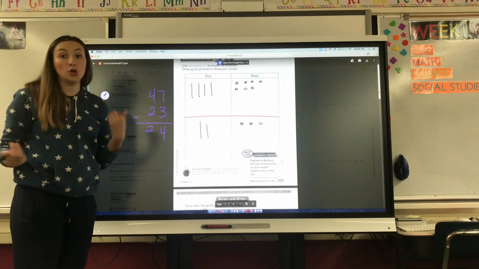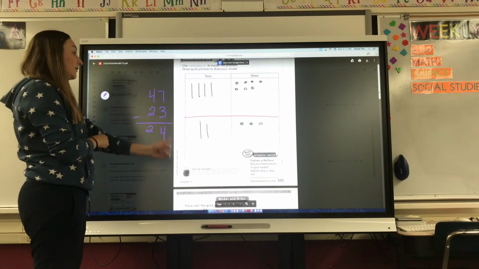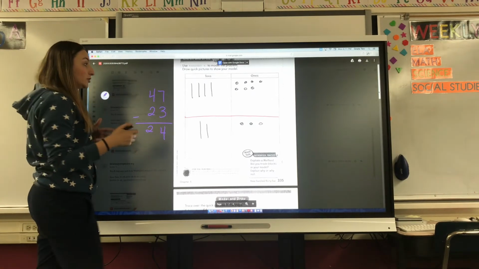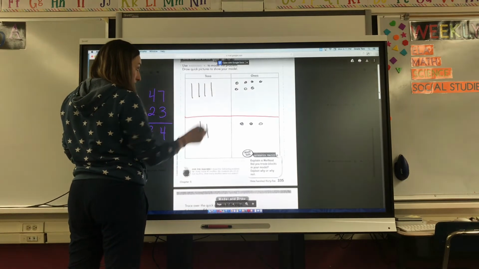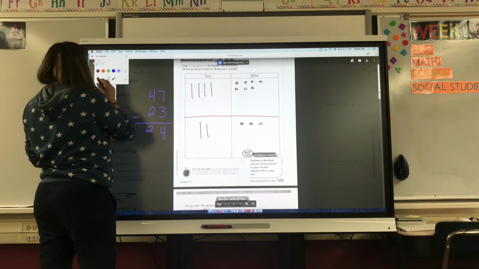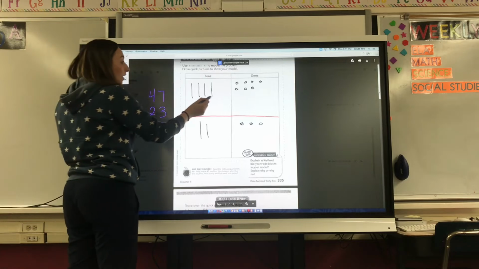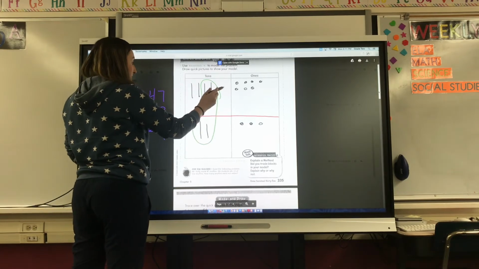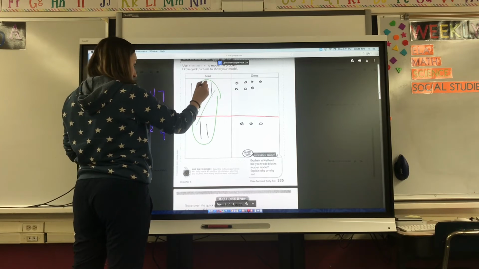So I need you to show me that there's 24 muffins left. So if we only have 2 10s left, I'm going to take, let's do it in a different color. Let's do it in green. 4 of my 10s and cross them out.